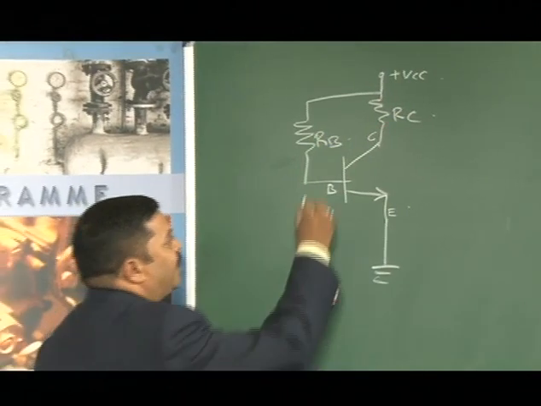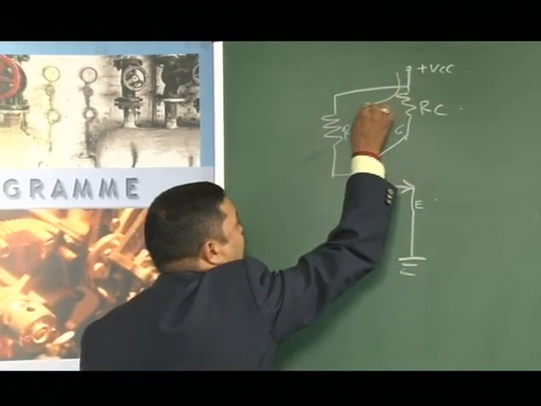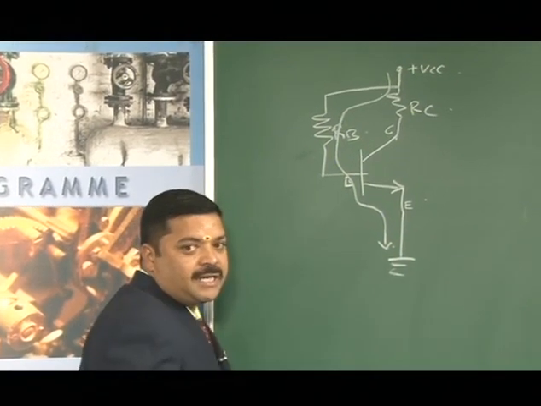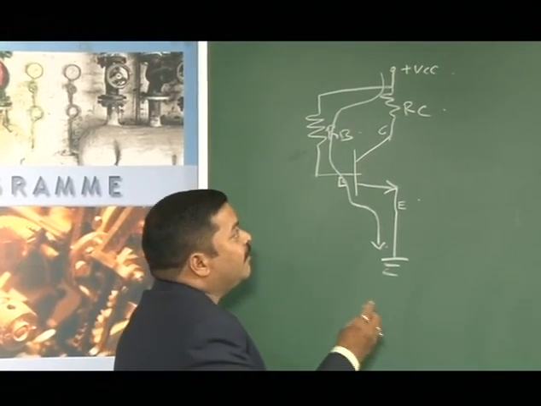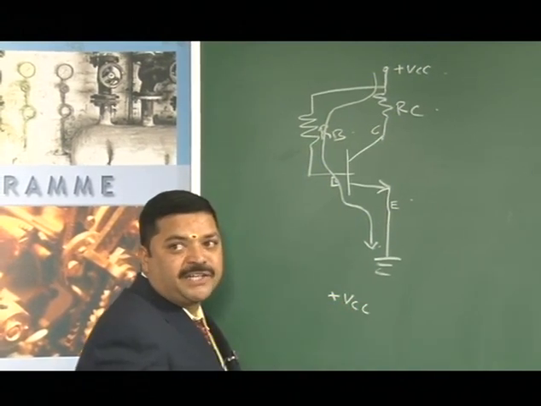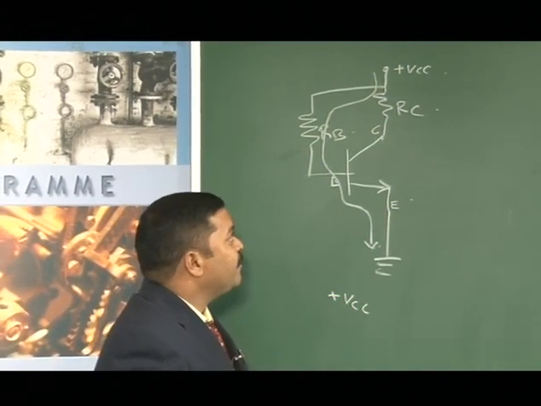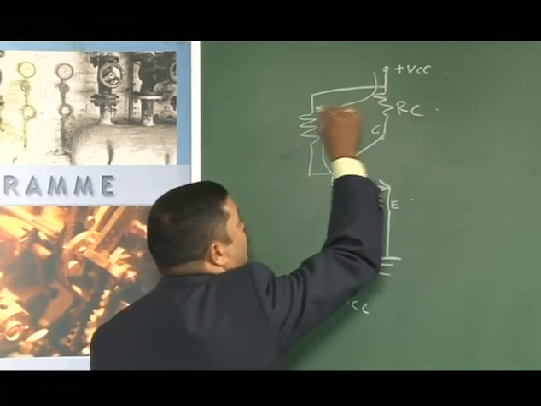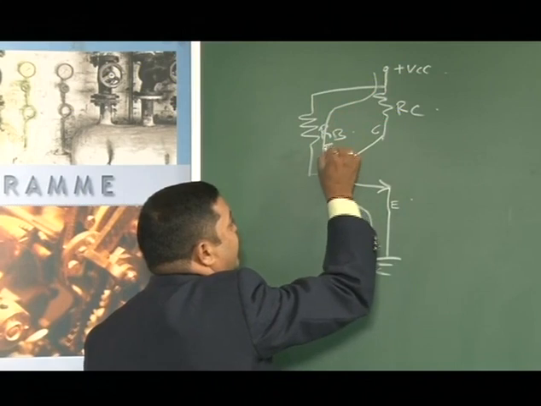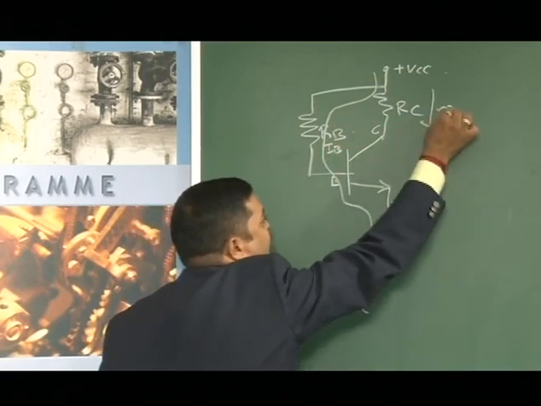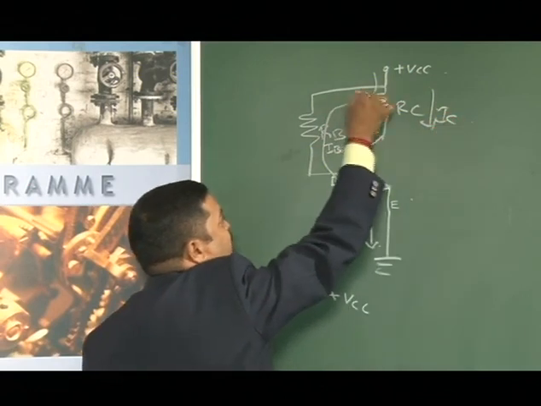So, when we apply Kirchhoff's voltage law to the base emitter loop in this direction, we get plus VCC; minus to plus is taken as positive, and plus to minus is taken as negative. Here the current is going in this direction, IB, and IC is going in this direction. So, let us apply KVL.